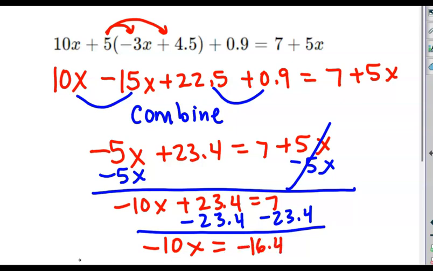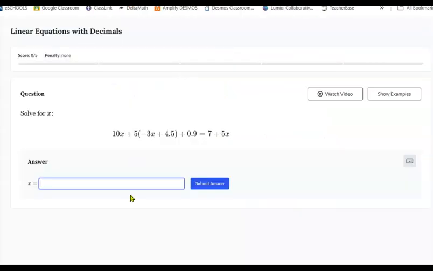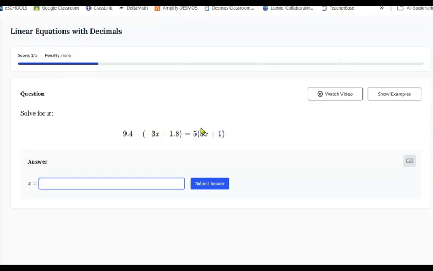I'm going to divide both sides by negative 10, and that's going to give me 1.64. So I'll type that in here. And that's it. So all of these problems just have some parentheses in them, and you'll need to be distributing any coefficients that are outside.